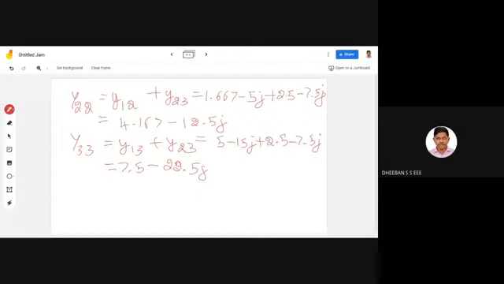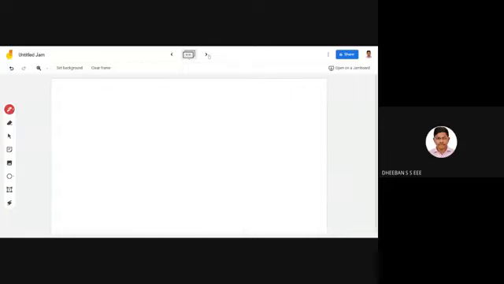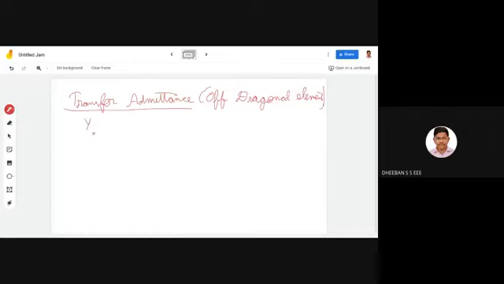So now we will be moving towards your transfer admittance, otherwise known as your off diagonal elements. Here, as per the formula or the algorithm, yij will be equal to minus of yij.